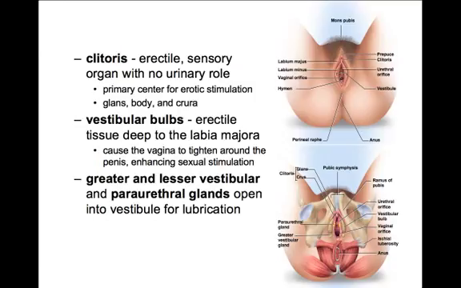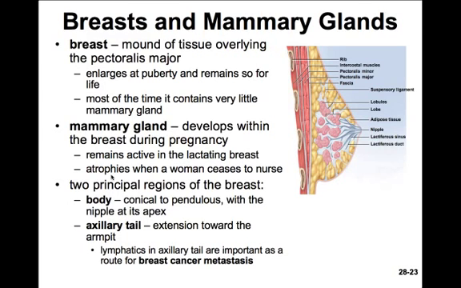In the female, we have the greater and lesser vestibular glands and the paraurethral glands, and they open into the vestibule of the vagina and create the lubrication that we see during sexual arousal. This is different than the vaginal sweating we saw for just the regular everyday vaginal lubrication.